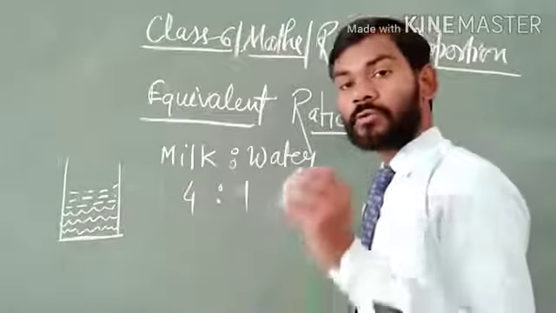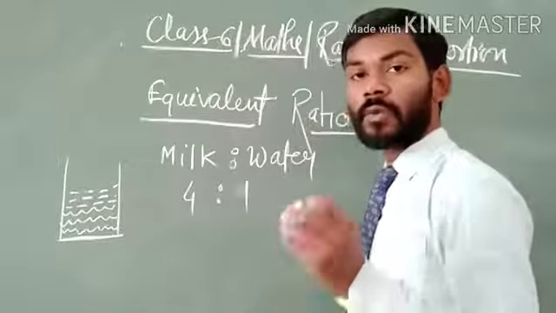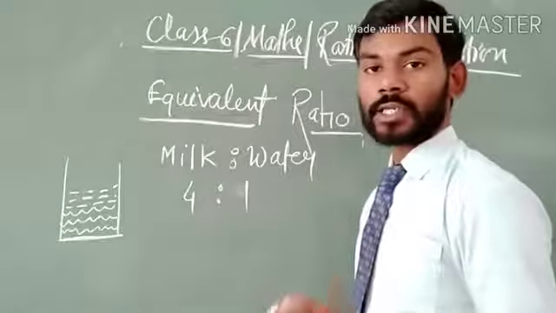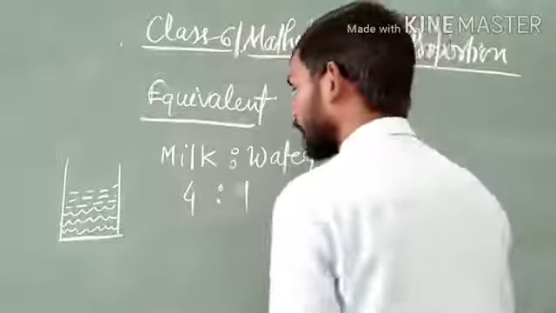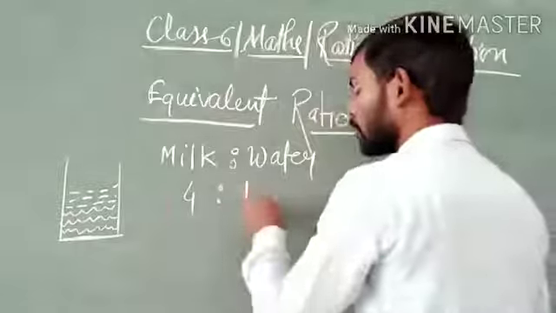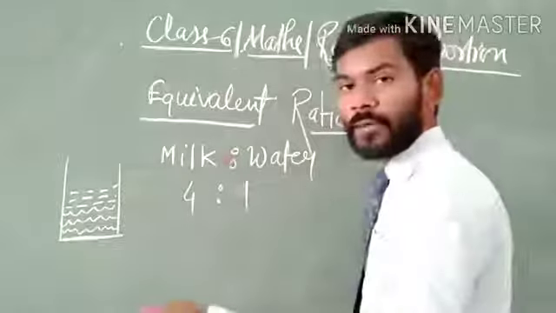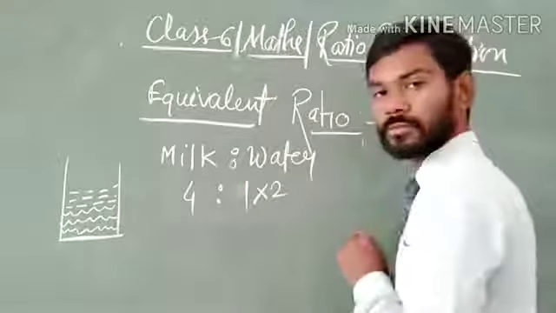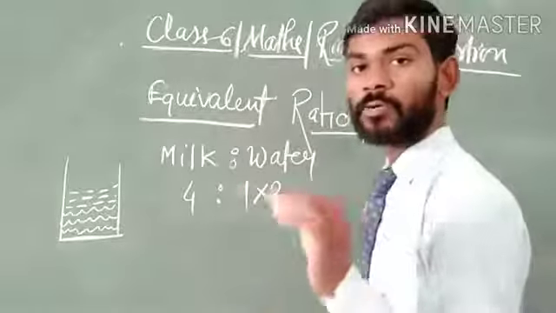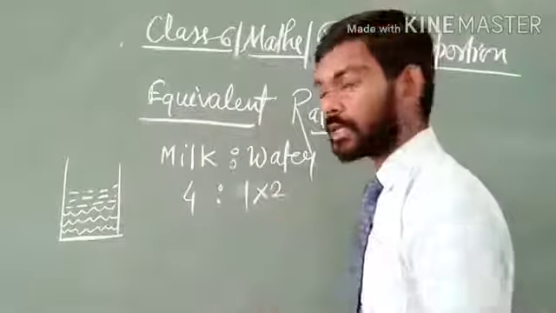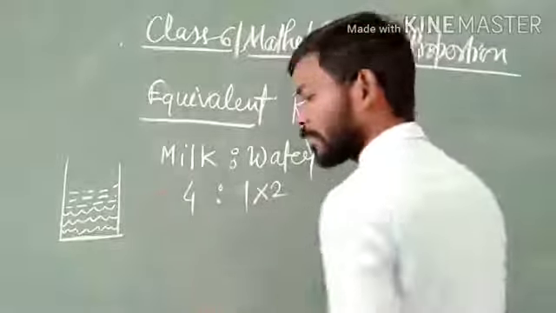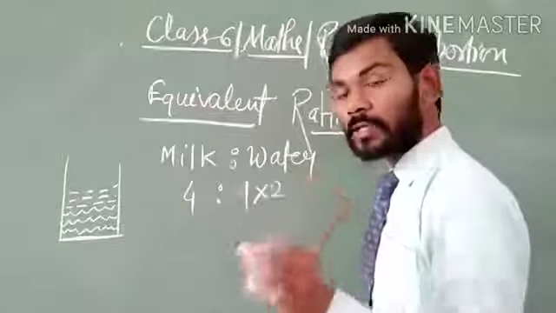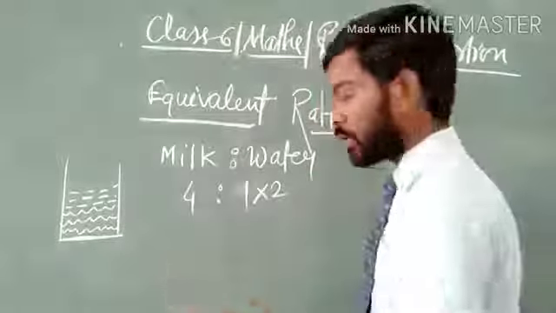Why? In order to keep the ratio of water and milk unchanged. Therefore, if you want to add twice the water, you multiply it by 2. But in order to keep the ratio constant, we have to also multiply the amount of milk by 2.